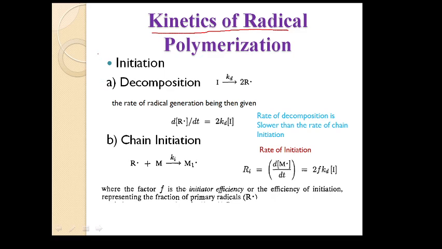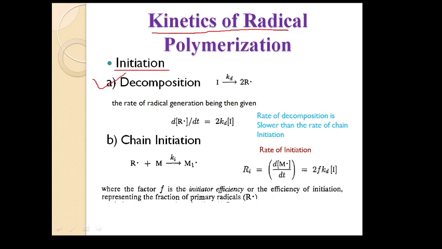Already we know that in radical polymerization there are three steps: initiation, propagation, and termination. When we talk about the initiation step, it is actually composed of two steps.